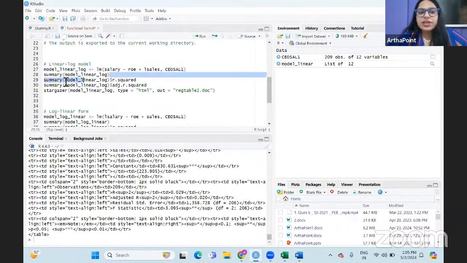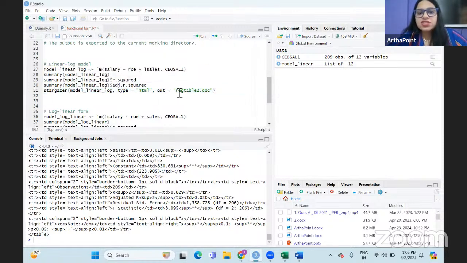Again, I am generating a summary of that regression, and from the summary I can find out the R square value, the adjusted R square value, and I can also bring that model into the doc.